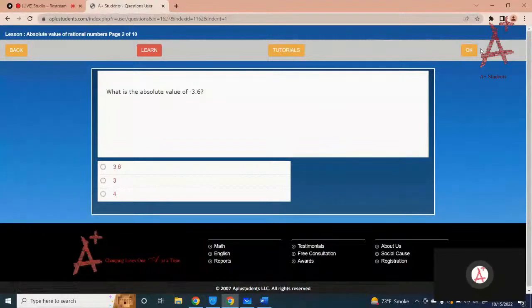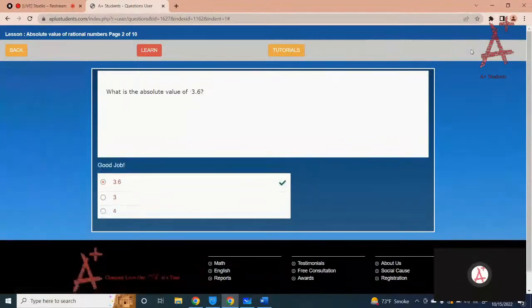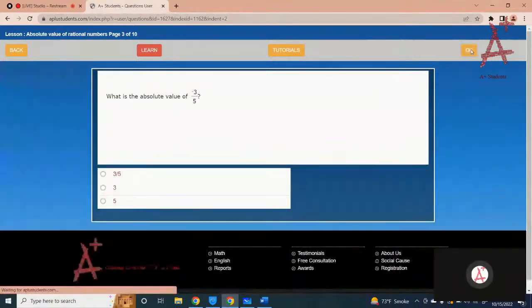What is the absolute value of negative 3.6? Which is the correct option? The first option. Absolute values are always positive. Got it? So it would be 3.6, the same number, just without the negative sign.